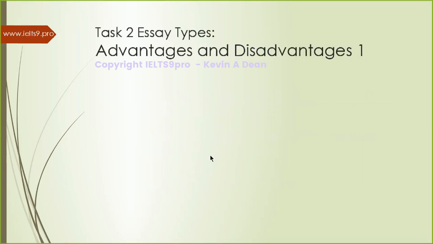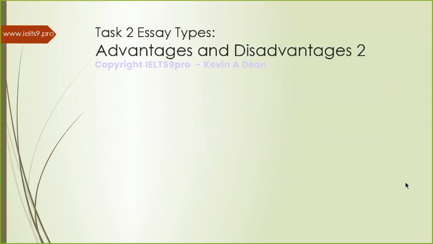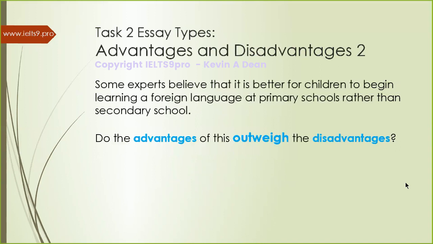Now, there's 2 or 3 different variations on this. It might just say, discuss what the advantages and disadvantages are. It doesn't ask for you to give any opinion or anything else. The second one, this is more common these days.